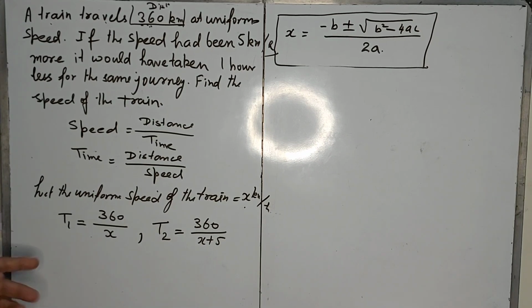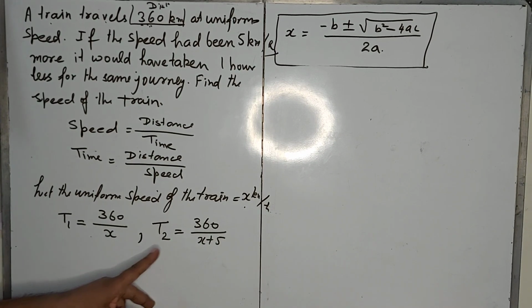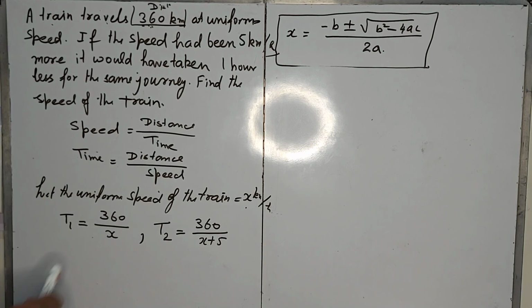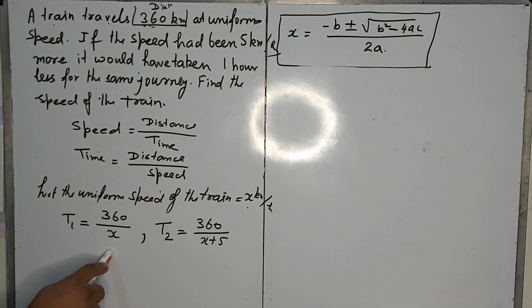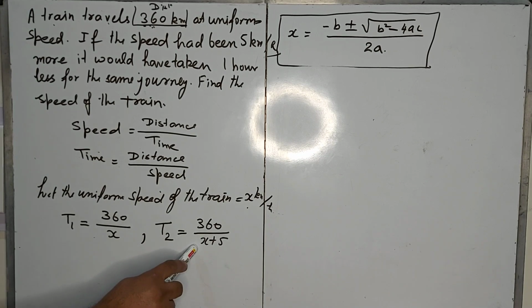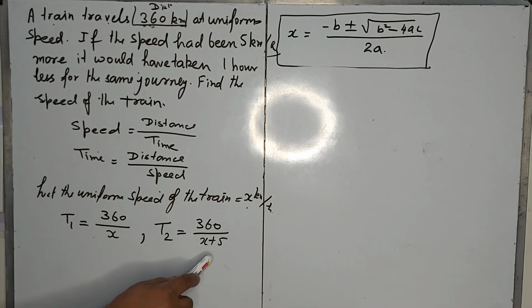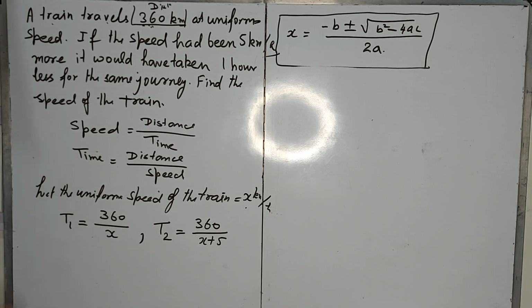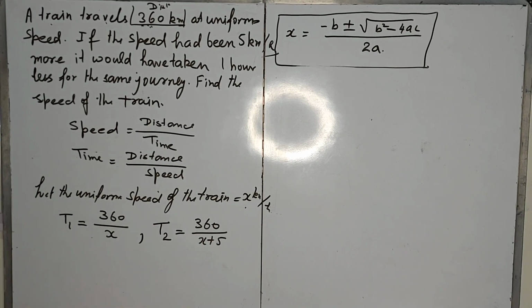Now, there are two times. In the first case, the time taken by the train is more, and in the second case, the time taken is less, because the speed of the train is increased.